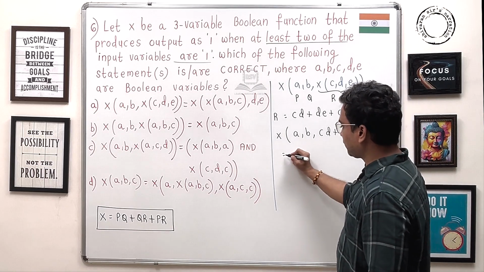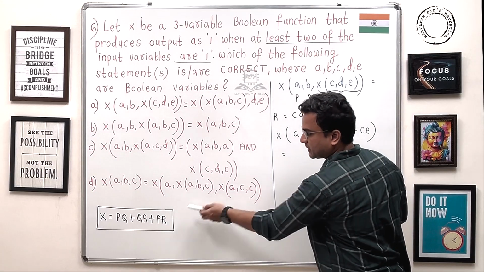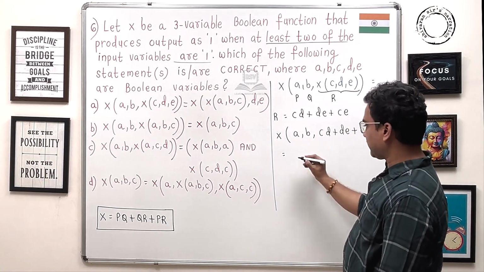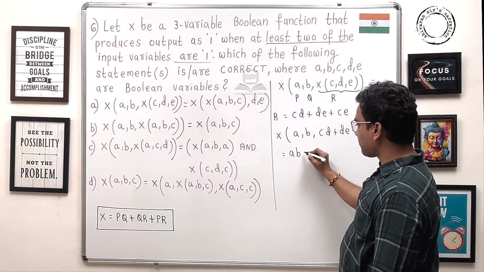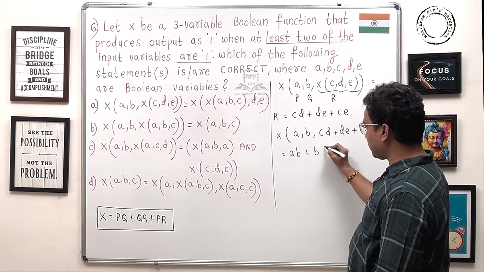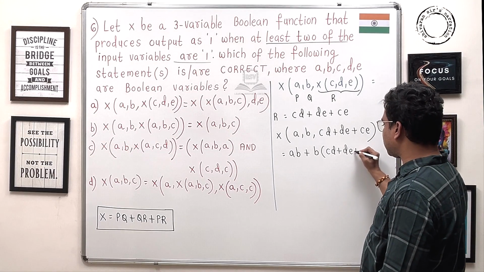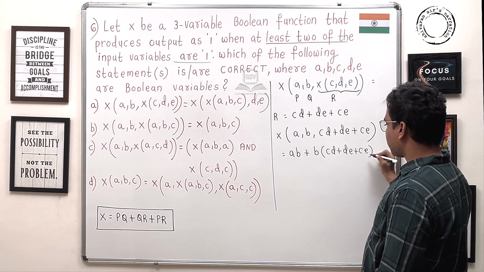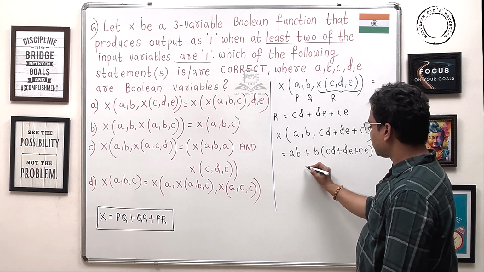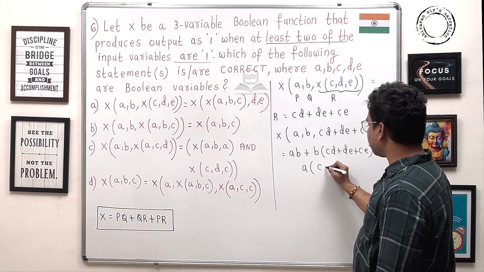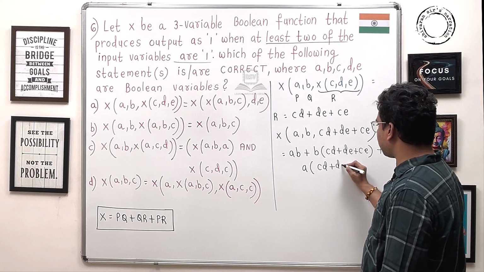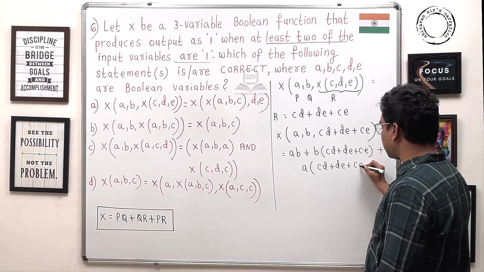Now, if you again take this equation as reference, then it is AB plus B into CD plus DE plus CE plus A into CD plus DE plus CE.